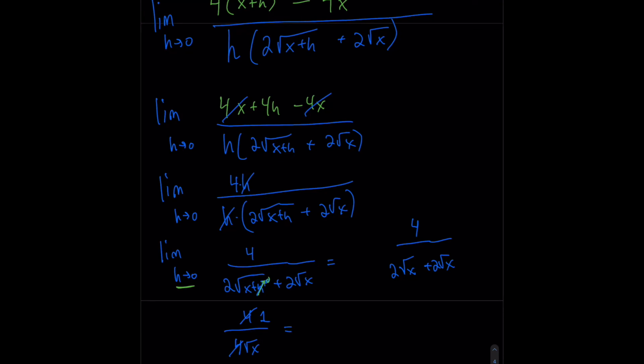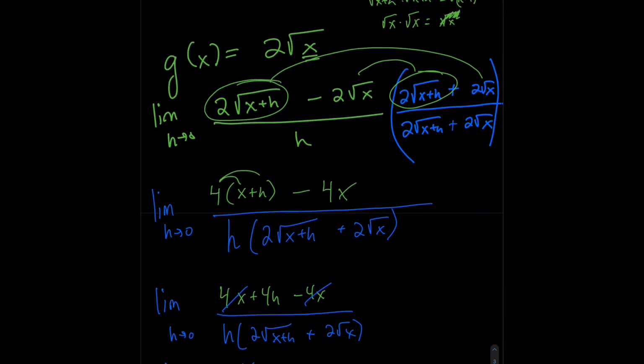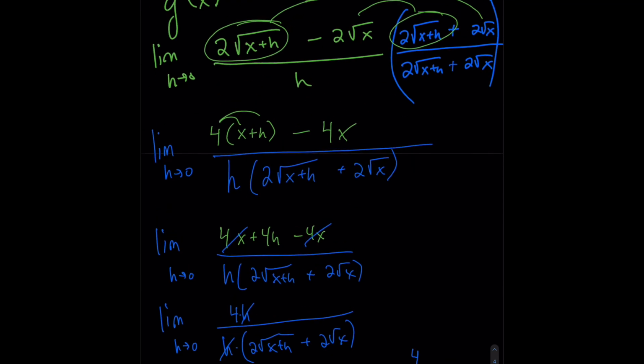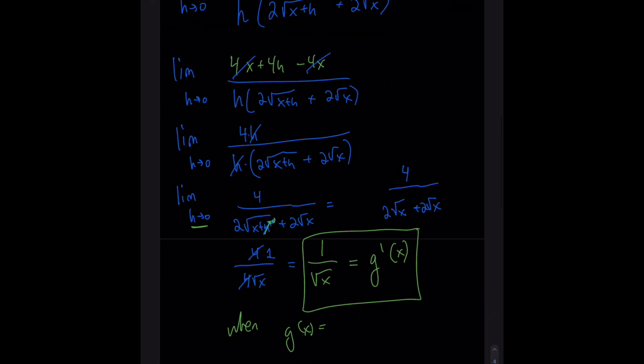And our final answer is 1 over root x. So 1 over root x, that is the derivative of our function. Our function here is g of x. So we'll say this is g prime of x when g of x equals 2 root x.